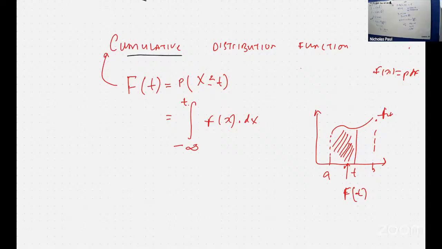In this example, F of b is the integral between b and a of f of x. So in this case, only in this case, if b is always the last value, F of b is equal to 1.